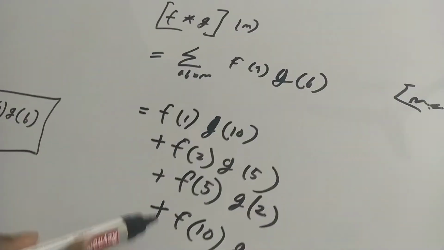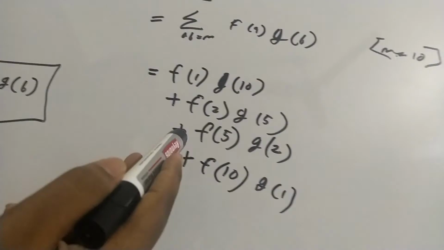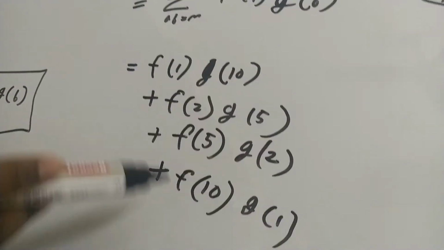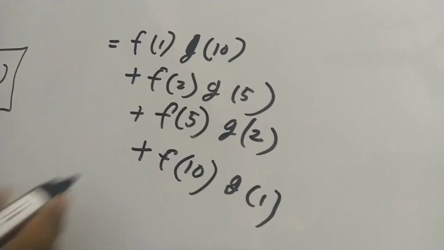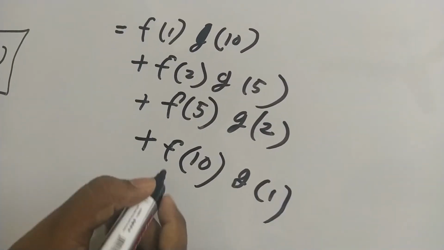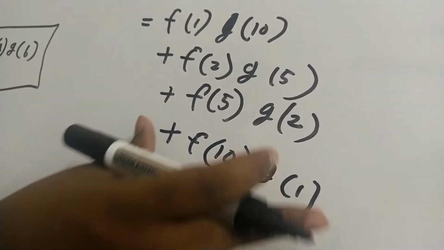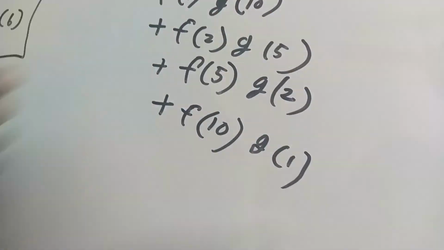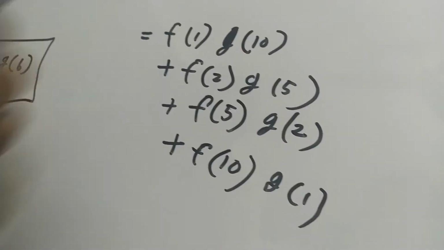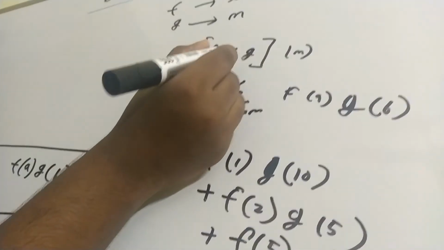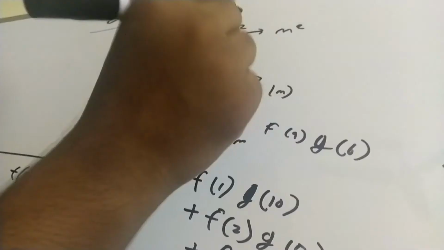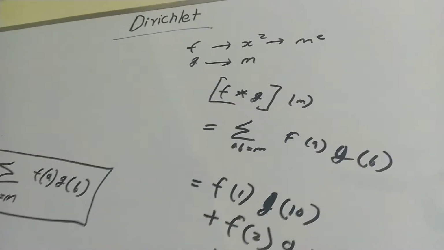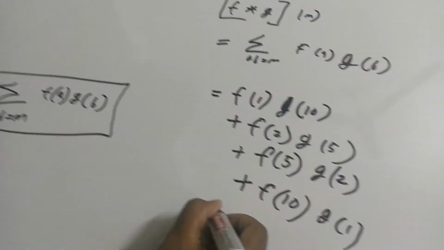As you may notice here, it's very interesting because if you just reverse this product, you can find that f convoluted by g is actually g convoluted by f, another rather interesting property. Well, now we will just compute this.